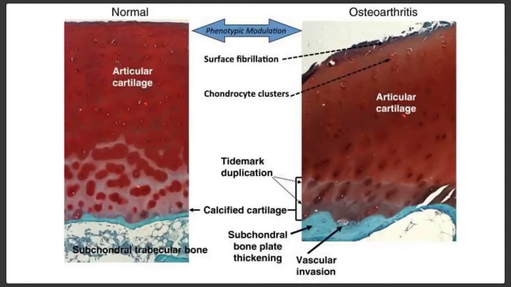On the right, in the abnormal cartilage, the cells that make and maintain the cartilage have started to change, and the cartilage surface is starting to roughen on the upper surface, while the attachment at the bone end is starting to look abnormal. You're seeing what's called subchondral bone plate thickening and what's called vascular invasion.